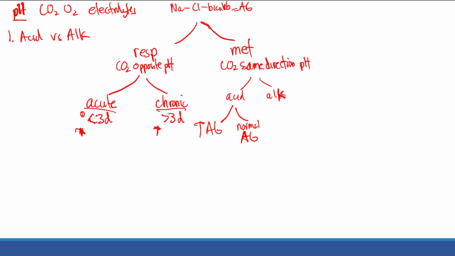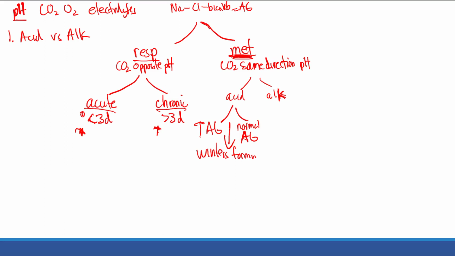Now, we just talked about compensation for respiratory problems. Now we're going to talk about how we figure out if you have appropriate respiratory compensation in a metabolic problem. How do we know if this patient has compensated correctly respiratorily? For metabolic acidosis, for both anion gap and normal anion gap, you have something called Winter's formula.